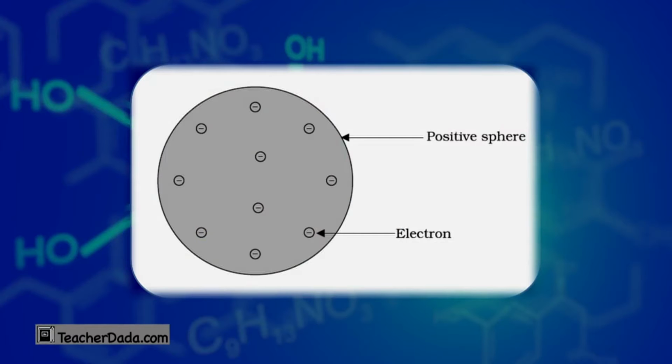So he told that this red part is the positively charged part of an atom, and the black seeds are the negatively charged part of an atom. So that means in an atom we have positive and negative charges also.